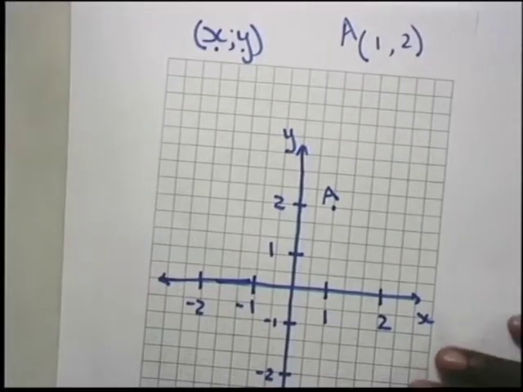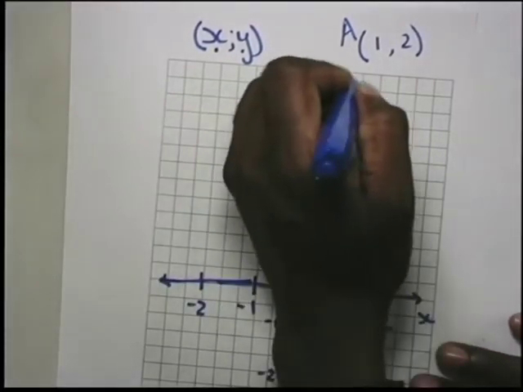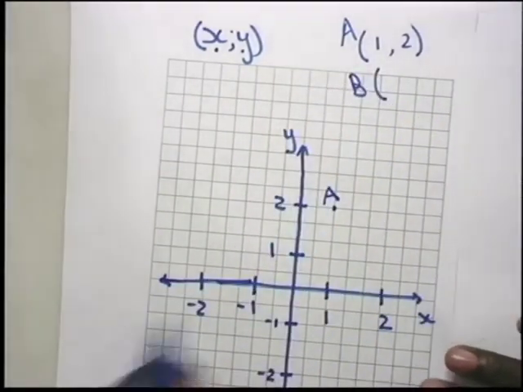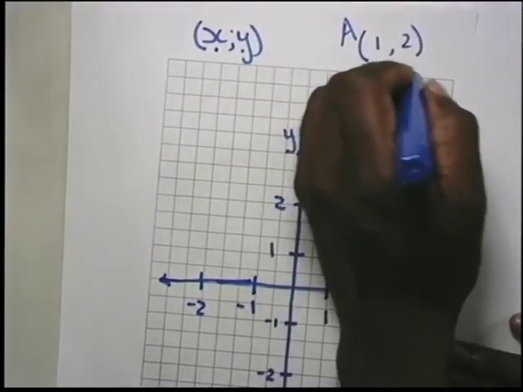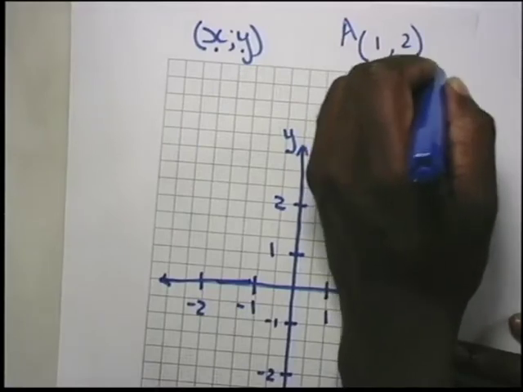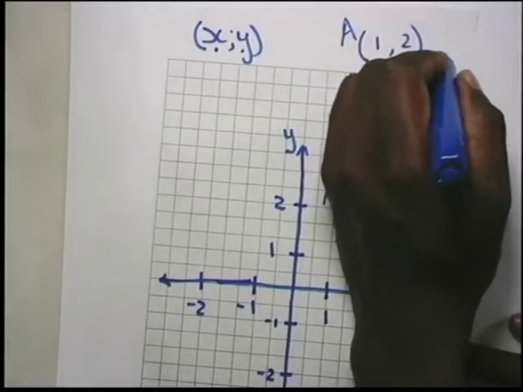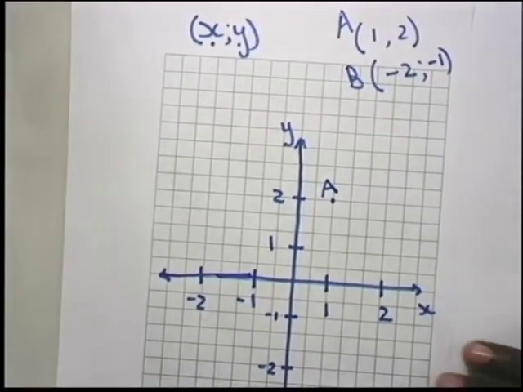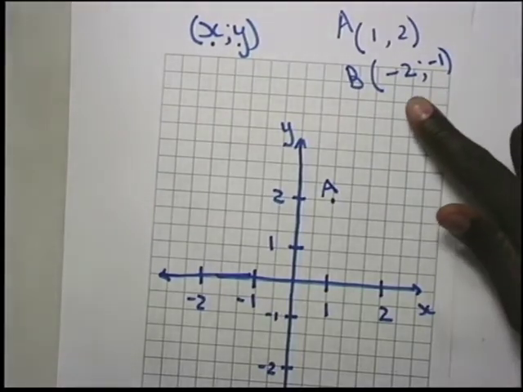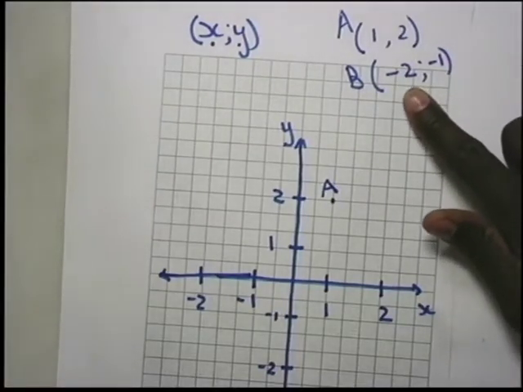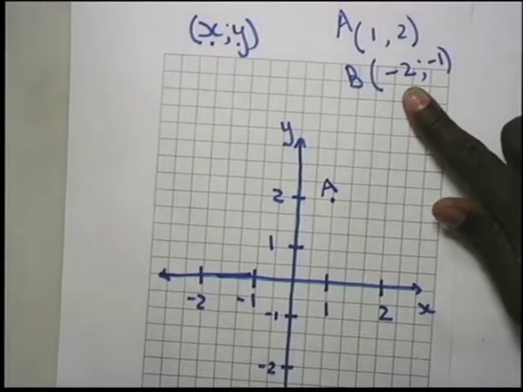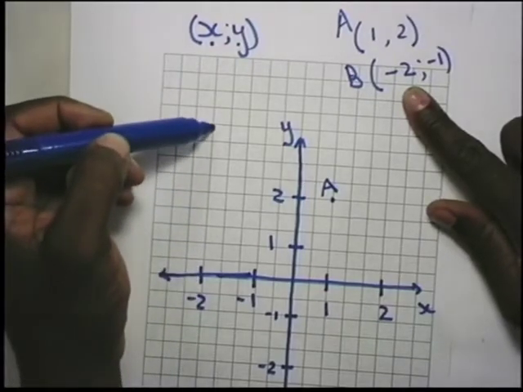Now suppose we have another point called point B, given by the coordinates (-2, -1). To plot point B, in terms of the x value, I need to get to -2.